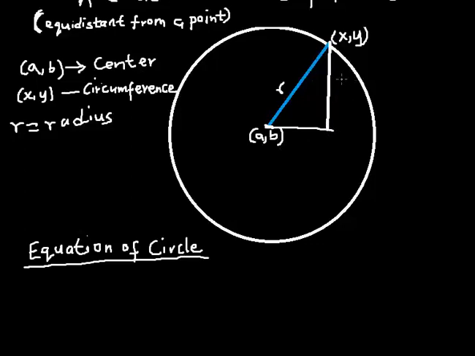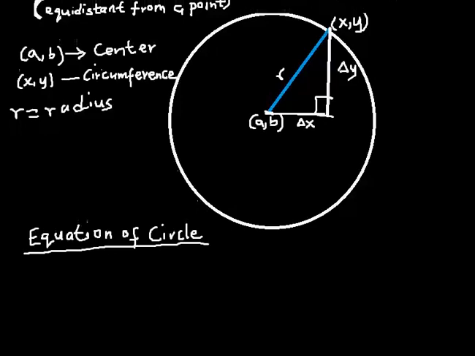So this vertical is the increment in y, and here is the increment in x. From this I have formed a right angle triangle in which the increment in x is the adjacent and the increment in y is the opposite. According to Pythagoras rule, r square, being the hypotenuse square, is equal to the adjacent square, the increment in x square, plus the increment in y square.